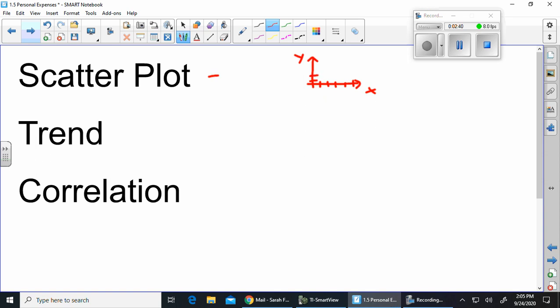Could be. They might not depend on each other. But you plot your x, you plot your y. You're looking, is there a trend? Are the dots going up? Are the dots going down? Are there dots all over the place? That really is correlation. How are those variables related?